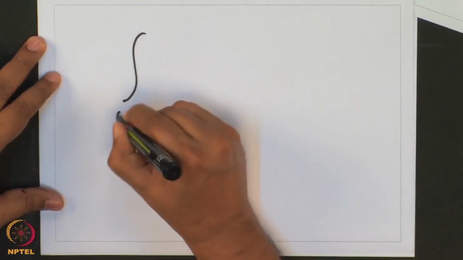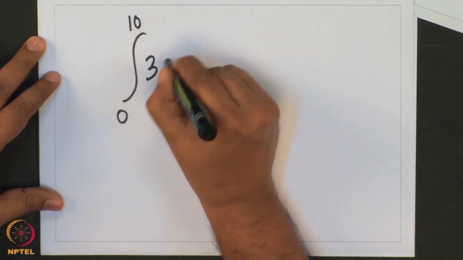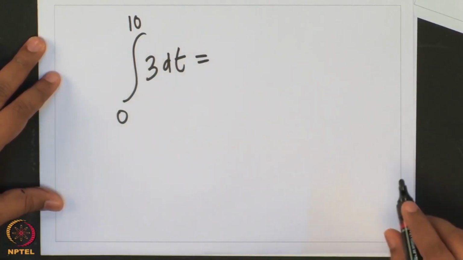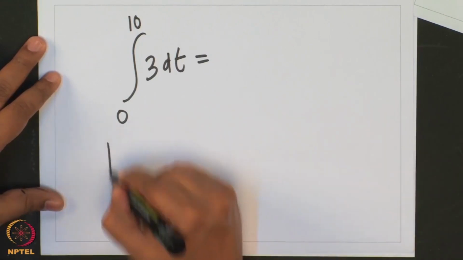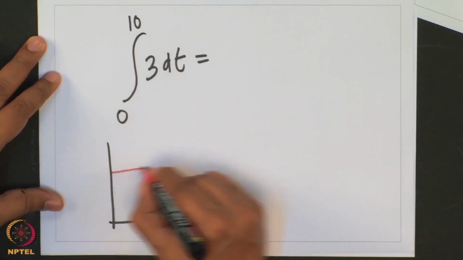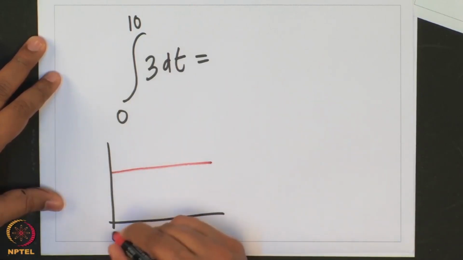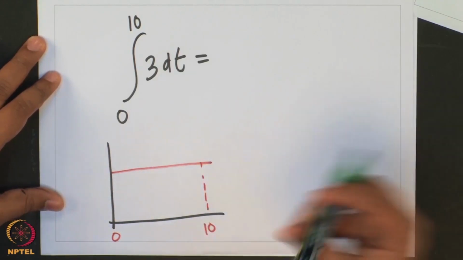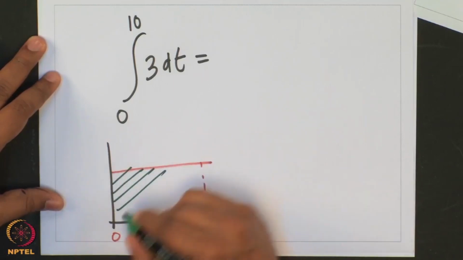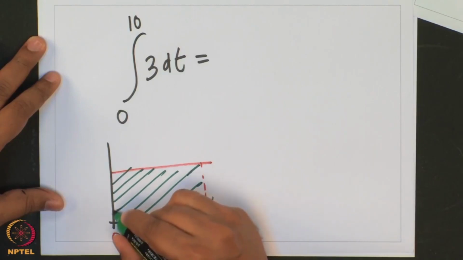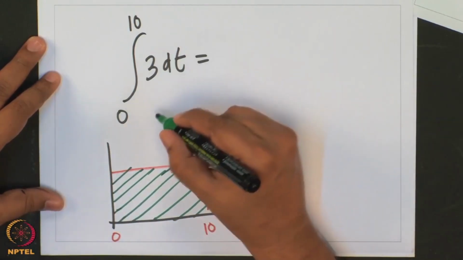Let us do this slowly. So we have integral 0 to 10 3 dt. This is what we want to calculate. This is called a definite integral. The meaning of this is that if I draw a graph of this function 3, the area from 0 to 10, this shaded area between 0 and 10, this is the physical meaning of this.